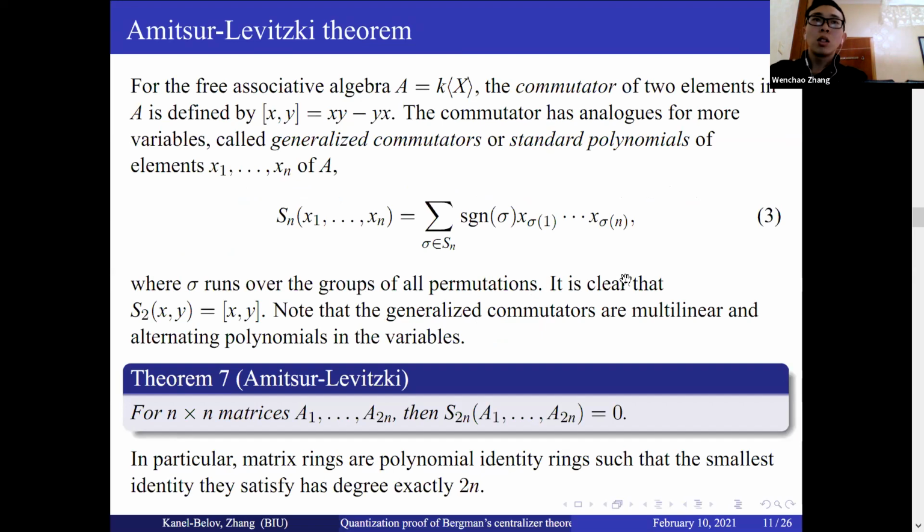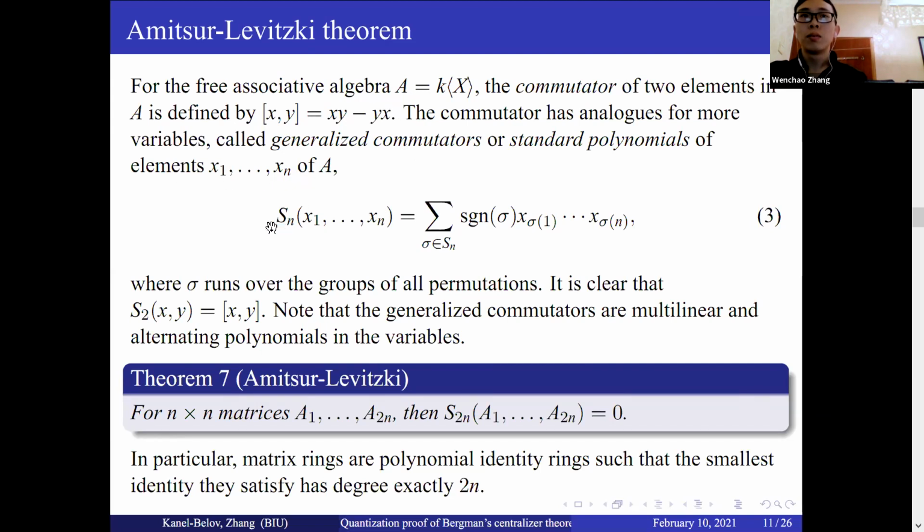Okay, but what is more important for us is this Amitsur-Levitzki theory. It's for the PI theory. So for the free associative algebra K<x>, we already know the commutator bracket [x,y] is xy minus yx, and there are some other analogs for more variables, called generalized commutators, or we can call them standard polynomials.